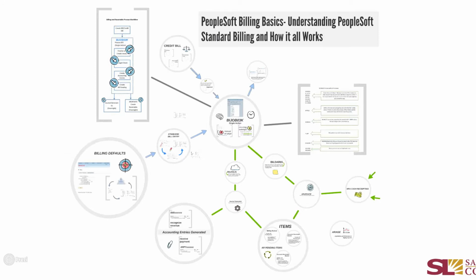Okay, so far we have reviewed creating a bill, entering in the accounting information of where we want to receive payment for that bill. We've discussed the options to process the bill using the BI job 03K process. This process is the heart of PeopleSoft billing. We've talked about how it's used in both standard billing or incurred billing.